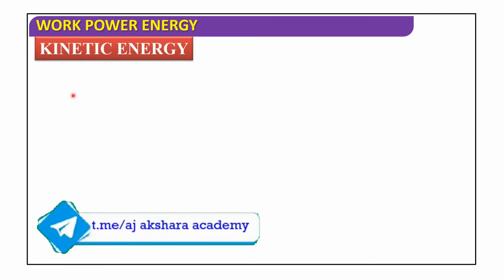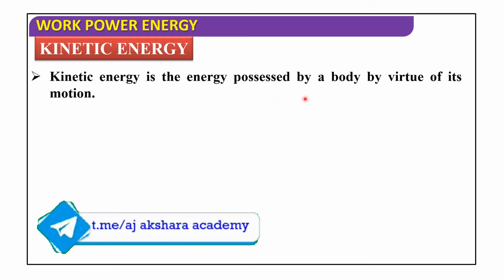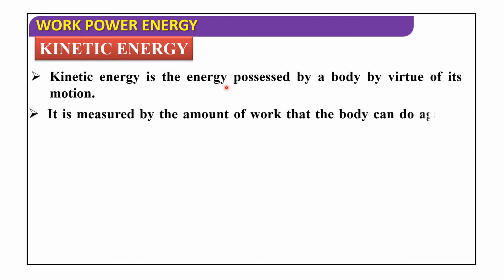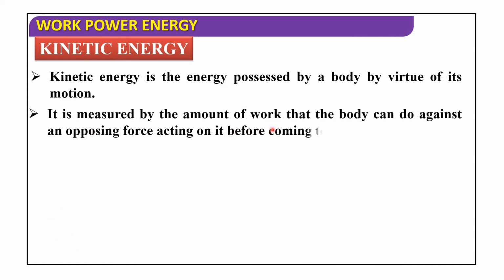Next, kinetic energy. Kinetic energy is the energy possessed by a body by virtue of its motion. It is measured by the amount of work that the body can do against an opposing force acting on it before coming to rest. Now let us discuss with examples.